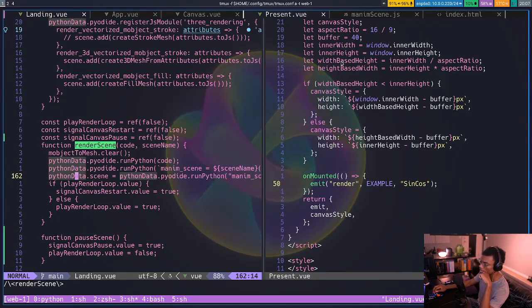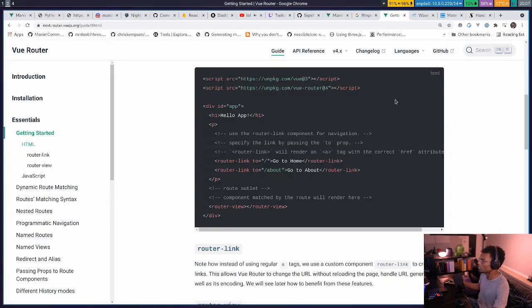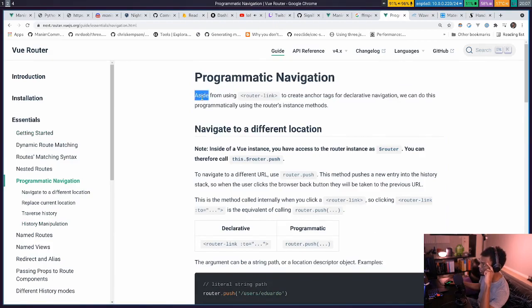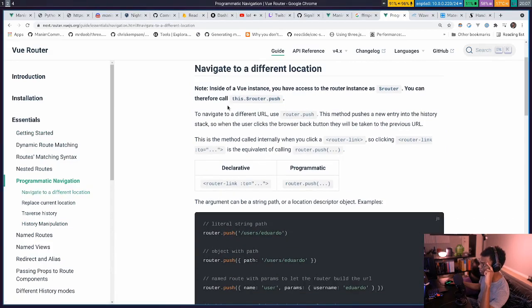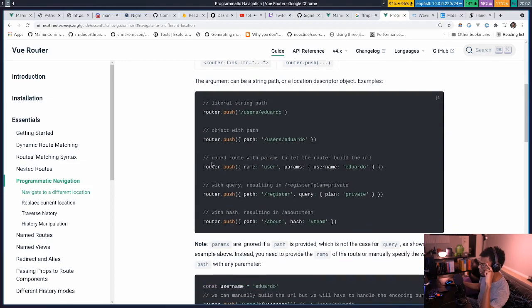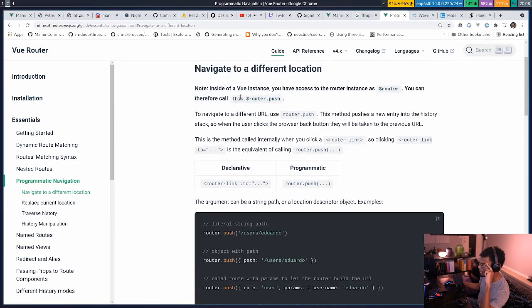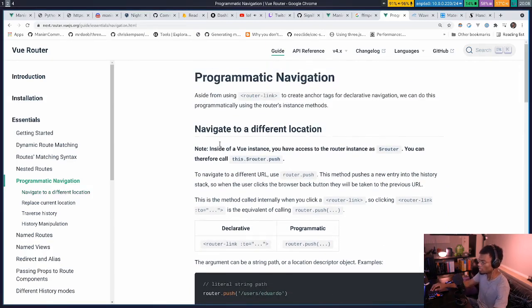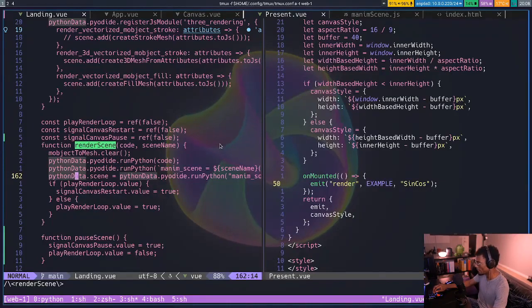Oh, but I want to do that first, I think. You have access to the router instance, that's $router. So we this.$router.push. Okay.